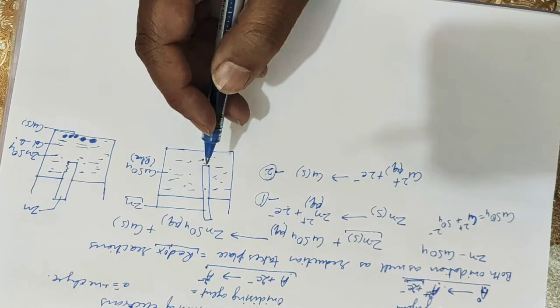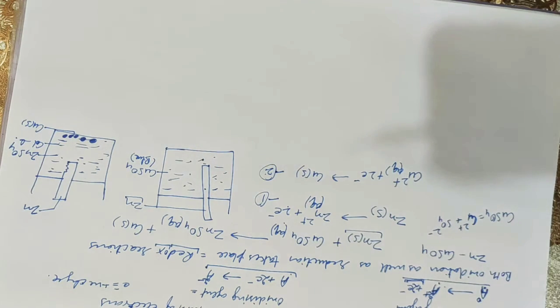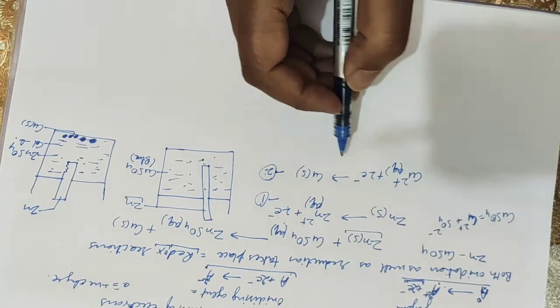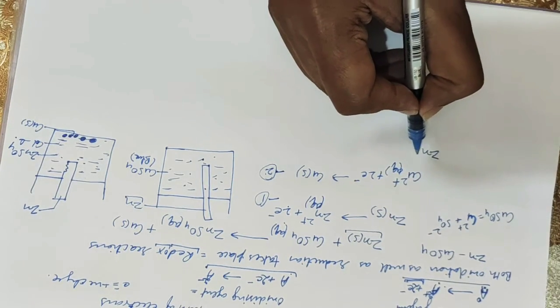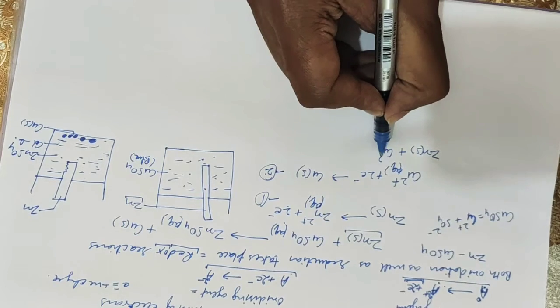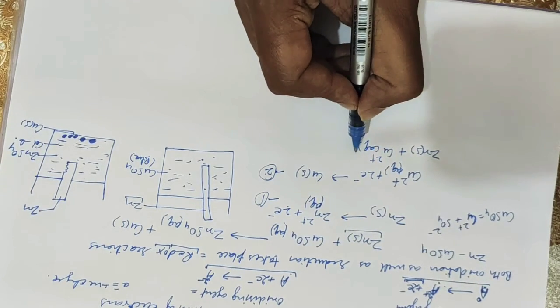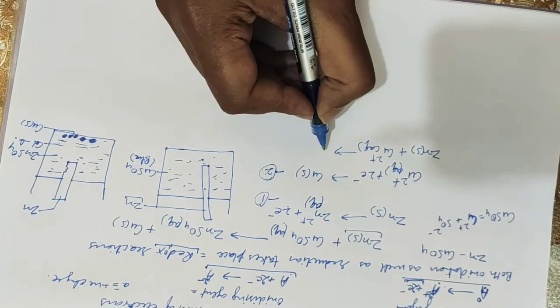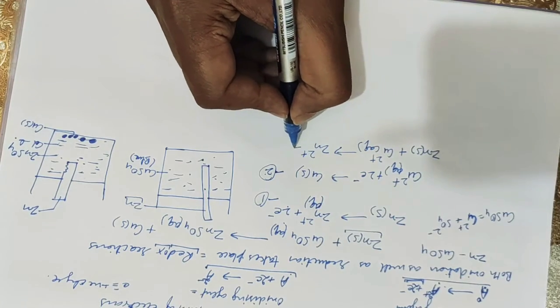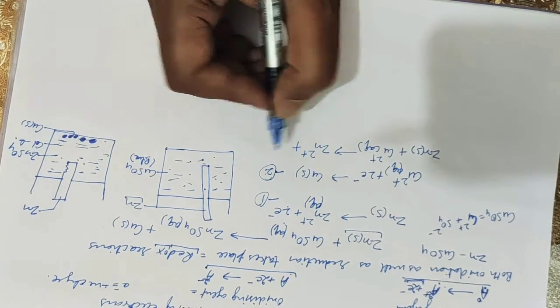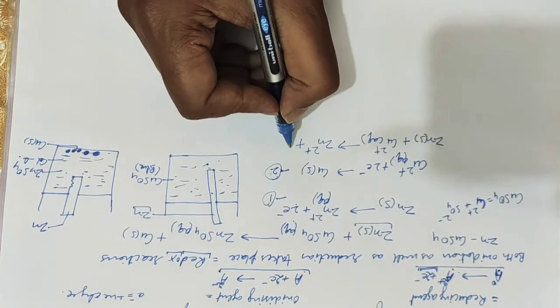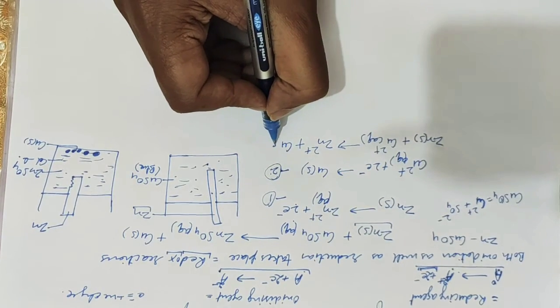So the overall redox reaction is obtained by adding the two half reactions: zinc solid plus copper 2 positive aqueous gives rise to zinc 2 positive plus copper solid.